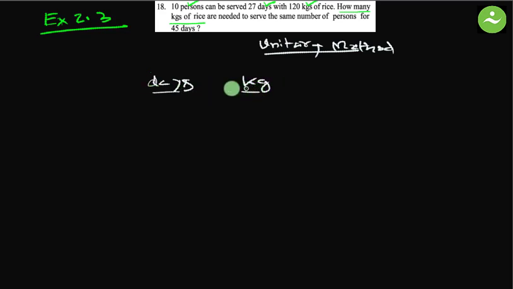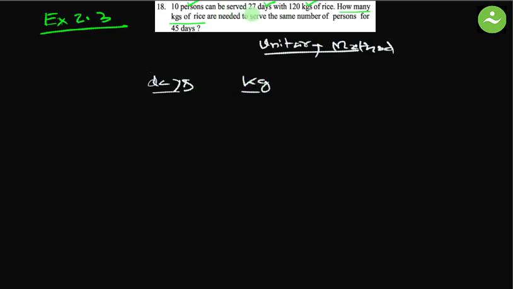Now the question is which one we will put on the right, days or kgs? If we have to find out days, we will put days on the right and kgs on the left. If we have to find out kgs, then we put kgs on the right. Here they say how many kgs, so we put kgs on the right.